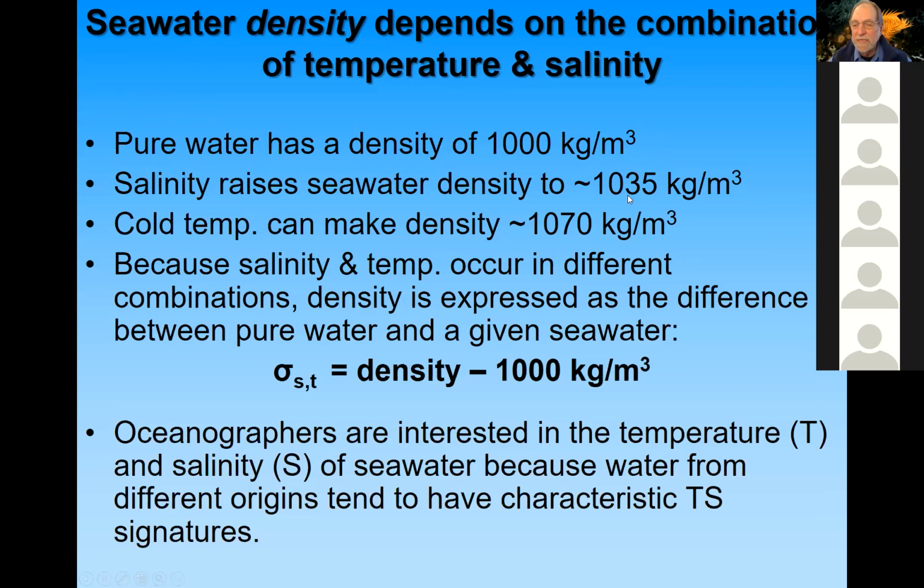So here we are at 500 meters, here we are at 1,000 meters, here we are at 2,000 meters, here we are at 3,000 meters, etc. So this is where that falls along these lines. And then these curving lines here are the density that you would measure for the water at each of these depths.